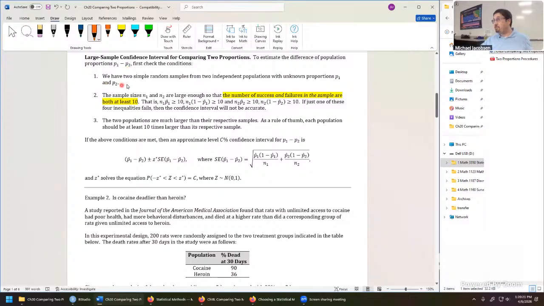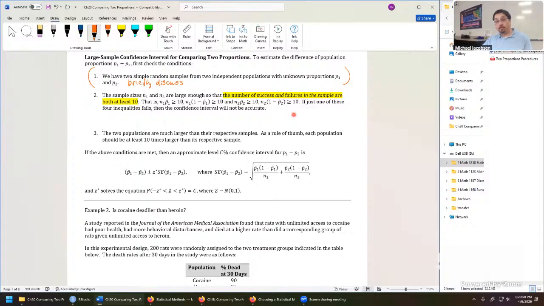Here, we have to make sure that we have two simple random samples from two independent populations with the unknown proportions, P1 and P2. Here, we're not meant to do a careful reading of the study, actually buying the study, reading everything we know about it. So here we'll just briefly discuss, based off whichever information the problem gives us in its short write-up.